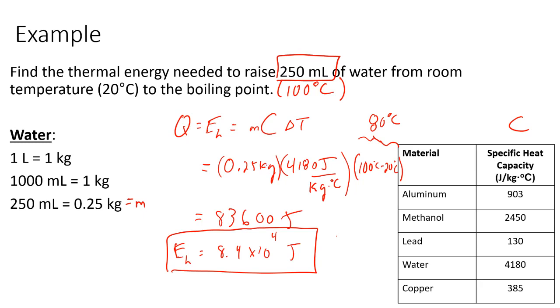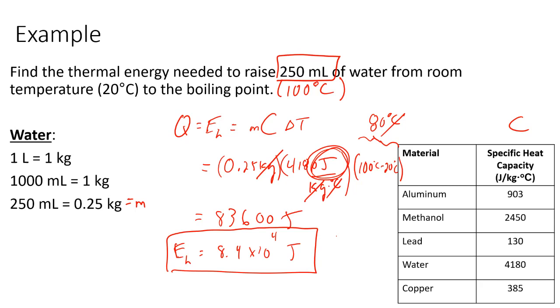So kilograms in the numerator, kilograms in the denominator, those things will cancel out. And then also we have degrees Celsius in the denominator and degrees Celsius in the numerator. So we're left with units of joules in this question. So the thermal energy, or the heat needed to raise 250 grams of water from 20 to 100 would be 8.4 × 10^4 joules.